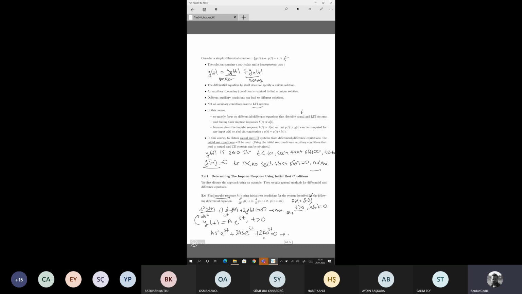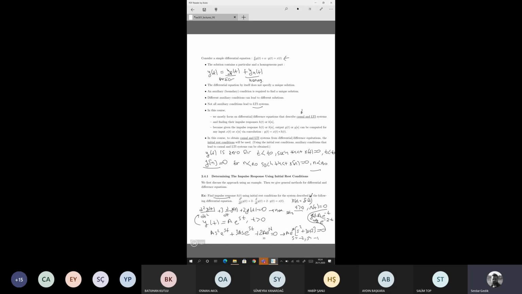And if I have a times e to the power st in parentheses, I have s squared plus 3s plus 2 is equal to 0. And I have s is equal to minus 2 and s is equal to minus 1. So what's the solution here in this case? y of t is simply a1 times e to the power minus t plus a2 times e to the power minus 2t. So this is my homogeneous solution.